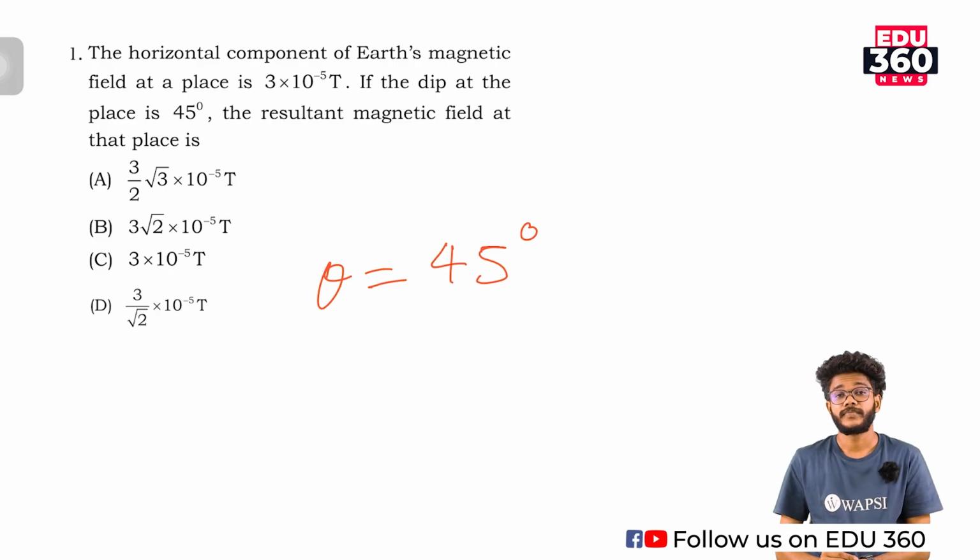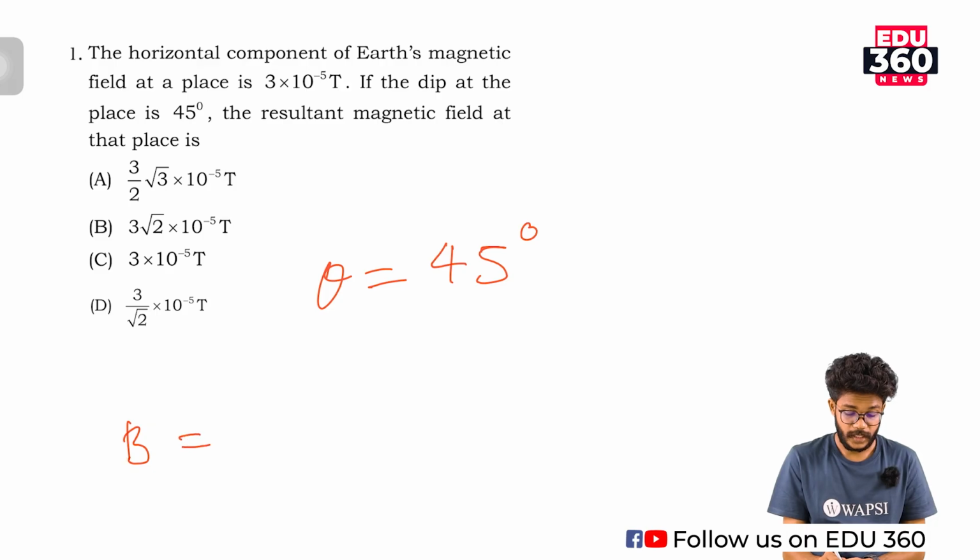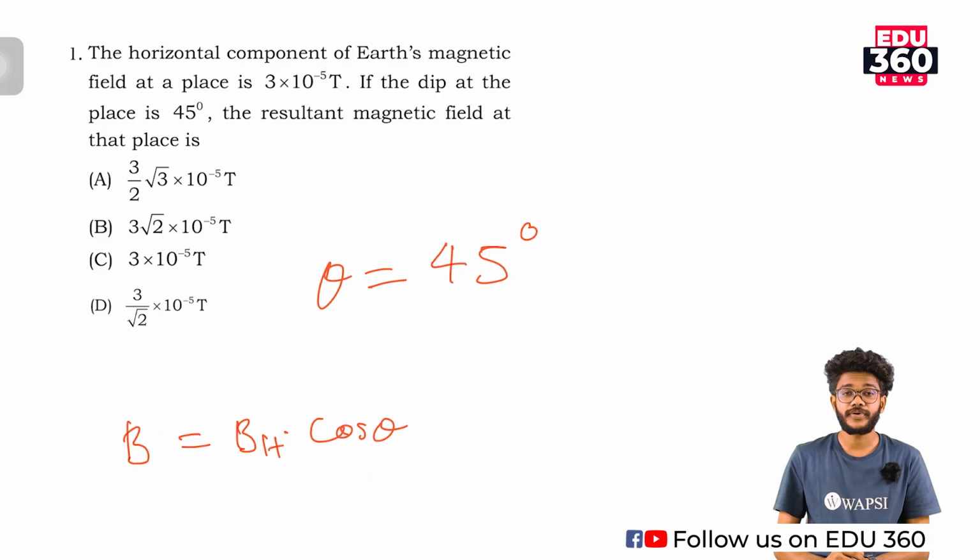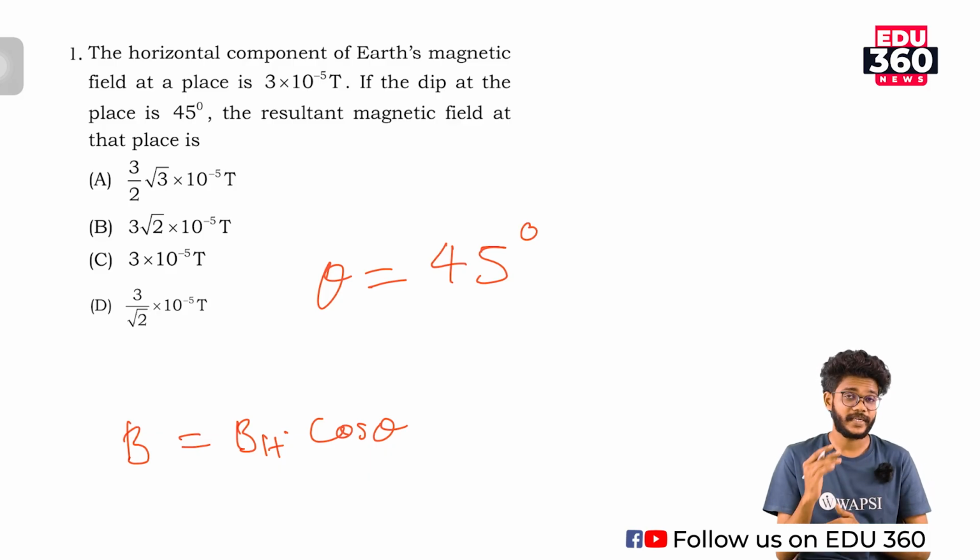the horizontal component. Okay, so BH is actually B into cos theta, because when we draw a triangle, the horizontal component is cos theta, because cos theta is related to the adjacent side.